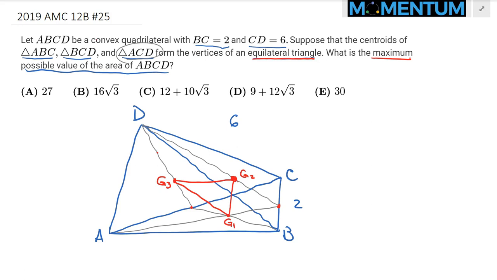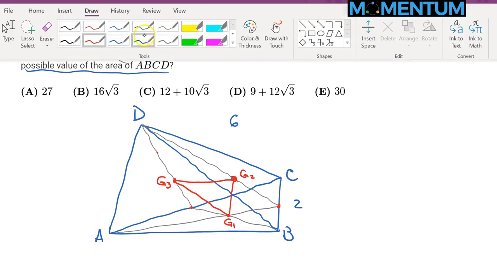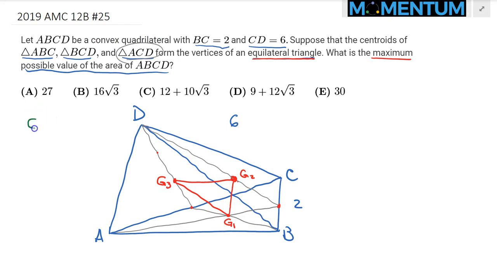Okay, so I need some sort of a crux move, and upon inspecting, and especially given the idea that the centroids trisect the medians, I think it's clear that G1, G3 is simply parallel to BD. So let me write that down here. G1, G3 is parallel to BD.